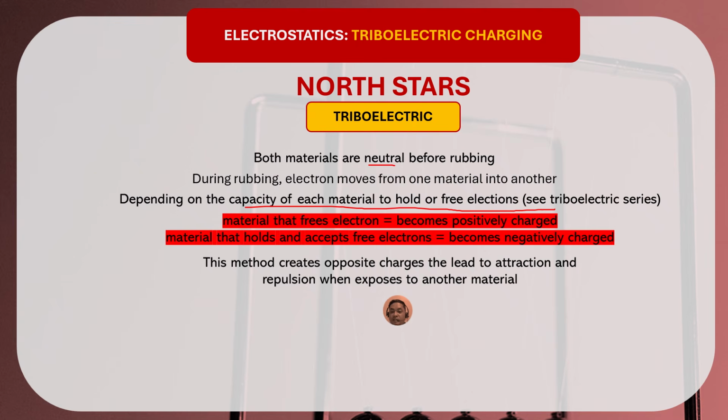And we have the triboelectric series to check which one will donate electrons or which one will receive electrons. We call it electron affinity. Now, the materials that free electrons, meaning they lose electrons, become positively charged. The materials that hold and accept free electrons have an additional number of electrons, so they will become negatively charged.